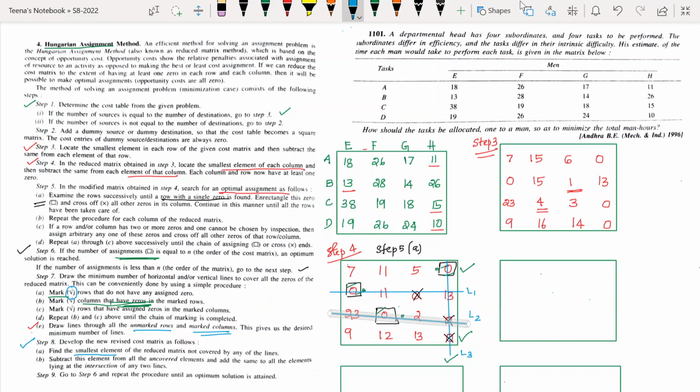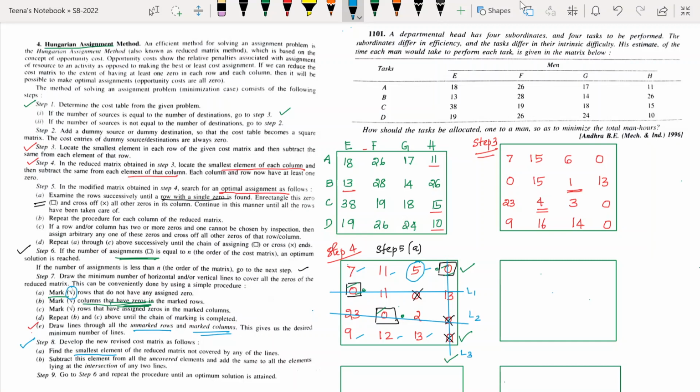So this is our L2. We have to identify the smallest among the numbers that are not covered by any of these lines. The uncovered elements are 7, 11, 5, 9, 12 and 13, not covered by the straight lines L1, L2, L3. The minimum among these is 5.